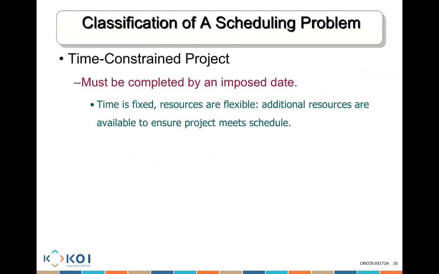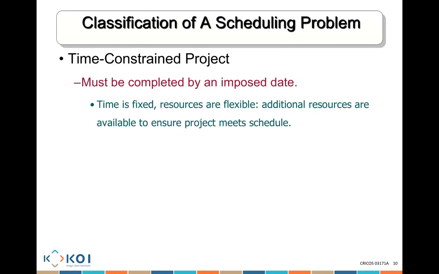Now, we talk about time constrained projects. A project must be completed by a certain date. Now, ladies and gentlemen, could anybody tell me an example in IT where a project must be completed by a certain date?